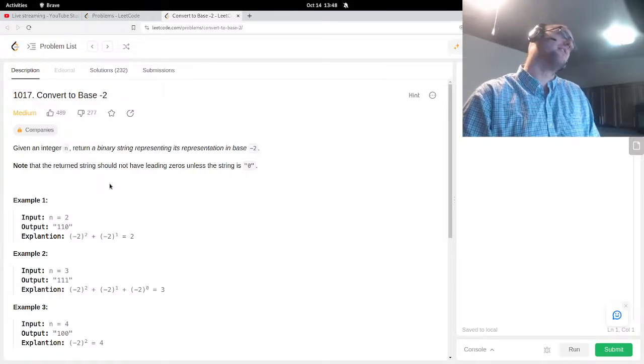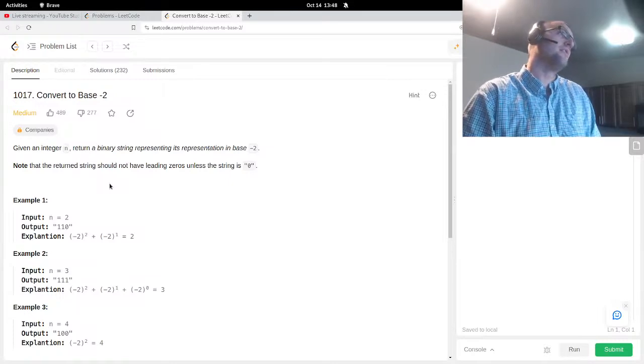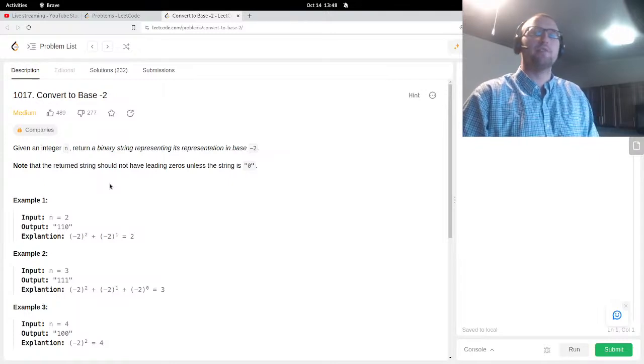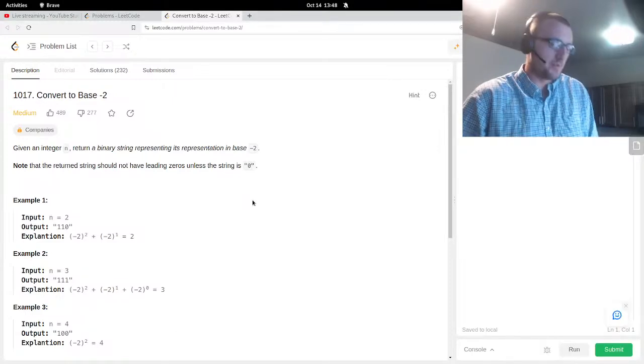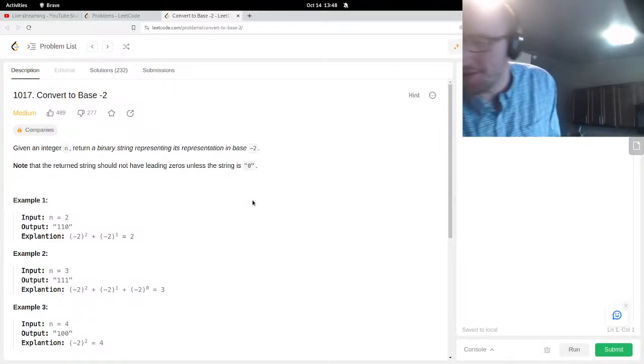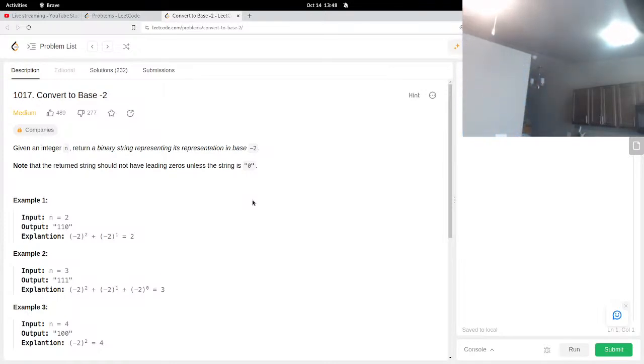Probably could use a kind of binary search on this. That's very peculiar. Let me get pen and paper for this one. Base -2, huh?